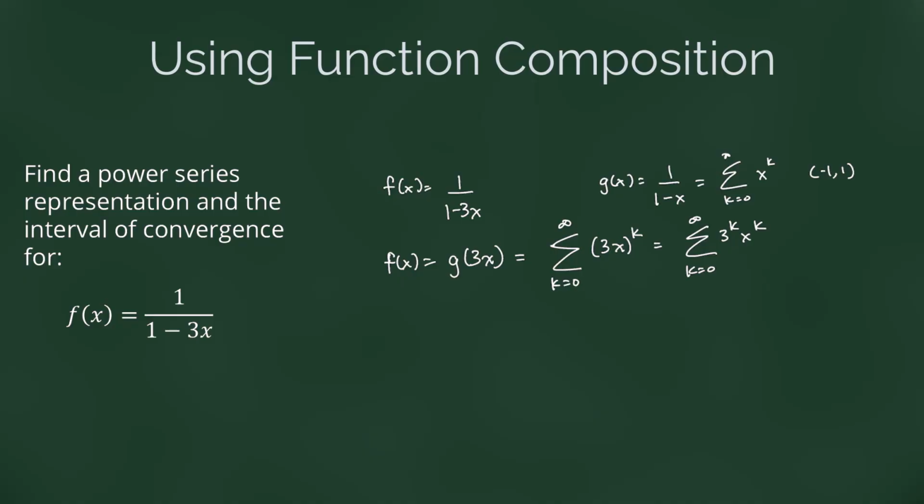That is a geometric series, so we know that it's going to converge for absolute value of 3x less than 1, which means that our radius of convergence is 1/3, and our interval of convergence is negative 1/3 to 1/3.